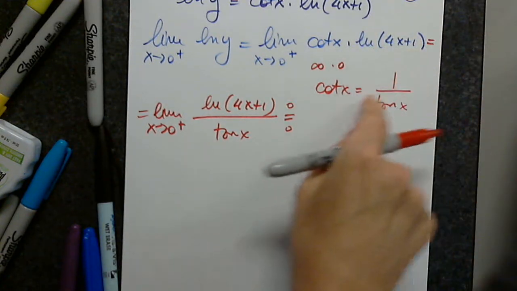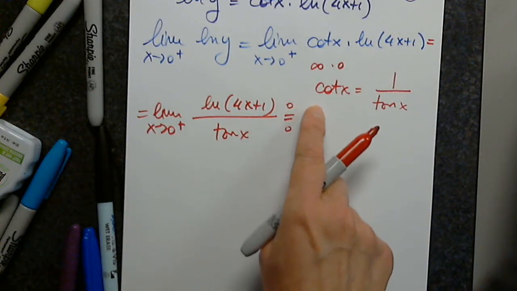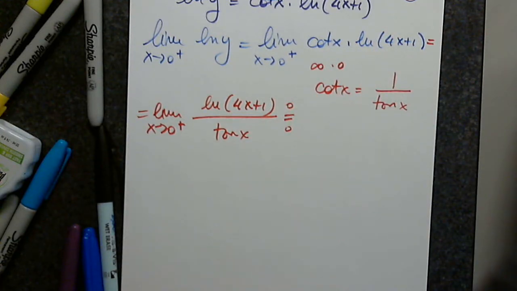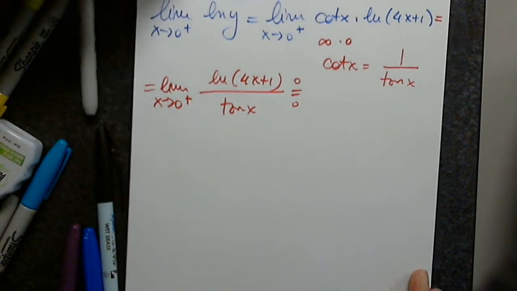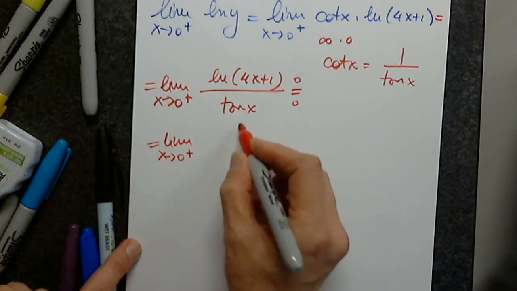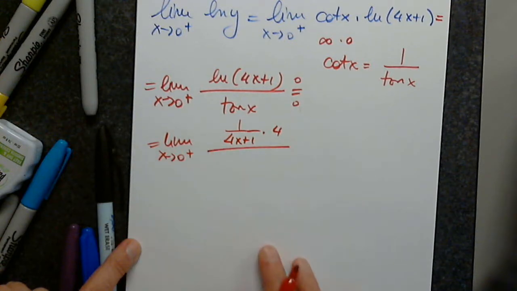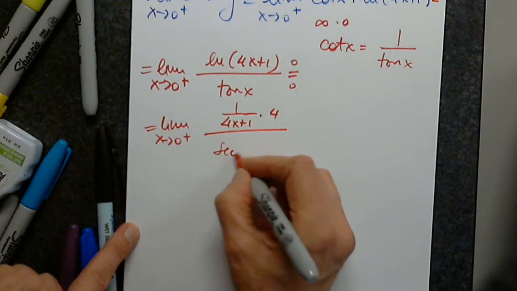Do not try to bring this down to say, oh, it's infinity over infinity if I put 1 over log with power -1, because then you have to differentiate log raised to power -1 by bringing -1 in front and subtracting 1 from the power, and disaster. So the top, when we differentiate it, we get 1 over 4x plus 1 times 4. And the denominator is very elegant, secant squared x.